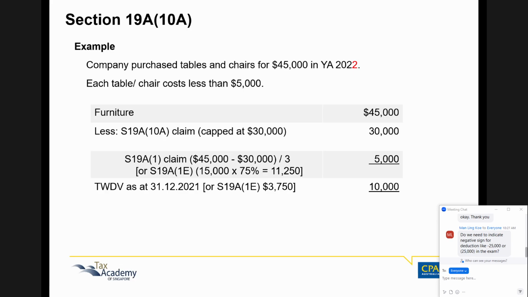Let's say normal work, not by 10. Claim divide by 3, then I'll claim 5,000 per year. Or if I want to accelerate, I can claim 15,000 times 75%, $11,250. So in this case I'm claiming the remaining under 3 years. So my tax return down value will be 10,000.